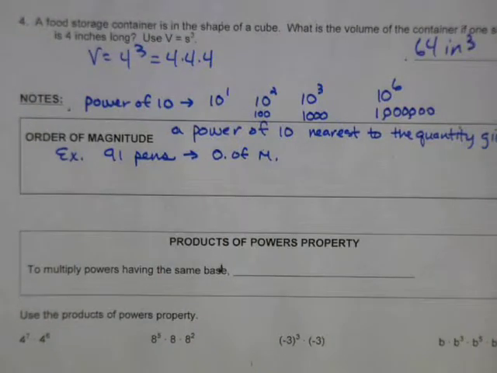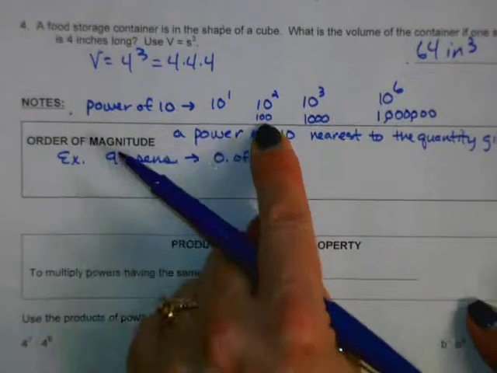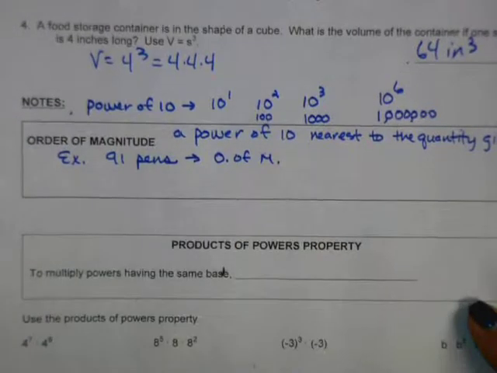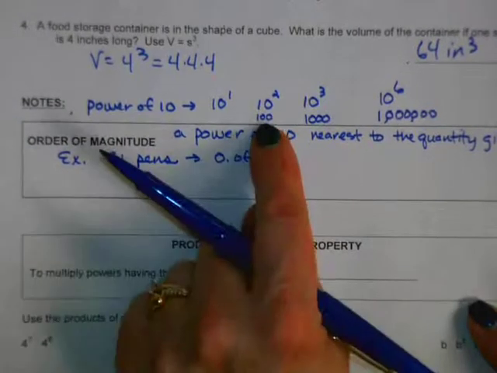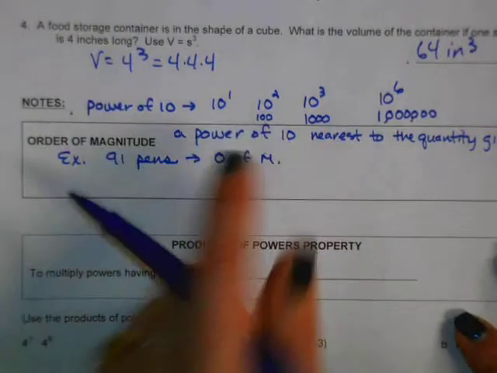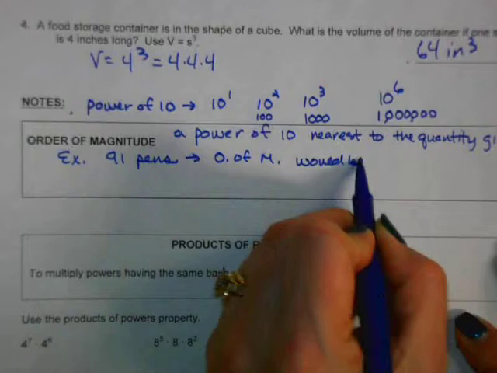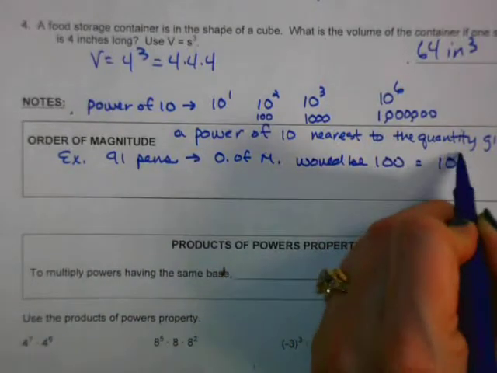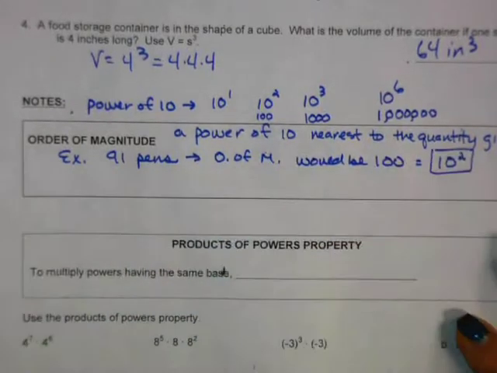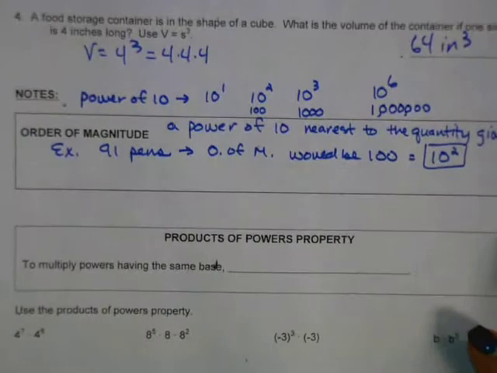Come on, don't be shy. 10, 100, 1,000. 91 is closest to 100, right? So the order of magnitude would be 100, but we have to write it as a power. So 10 squared. That's the closest power of 10.